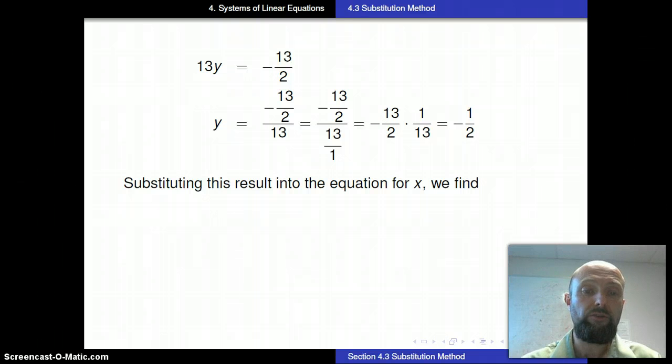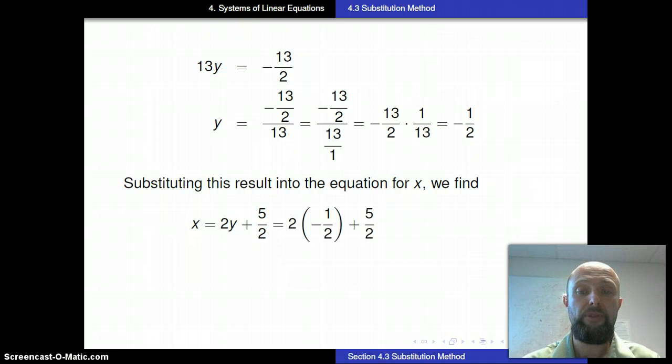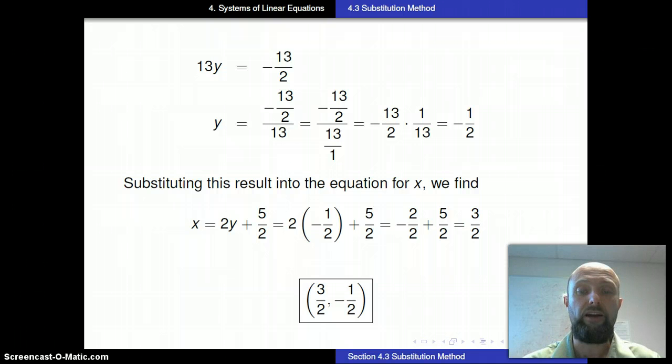Substituting this result into the equation for x, we find x is 2y plus 5 halves. We replace y by negative 1 half. We FOIL this out, put everything on common denominator, and find that x is 3 halves. Again, the solution is a couple x, y, so the solution in this case is the couple 3 halves, negative 1 half.